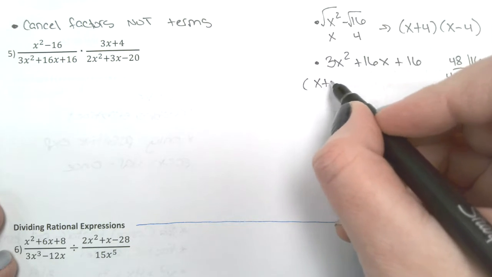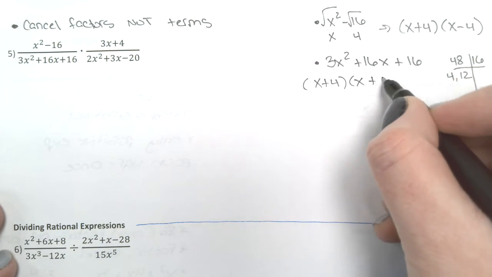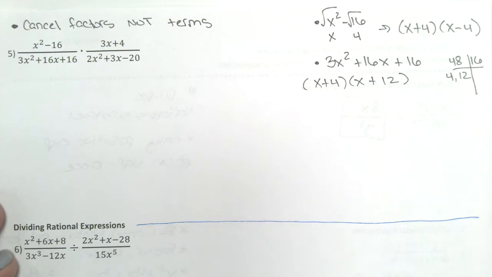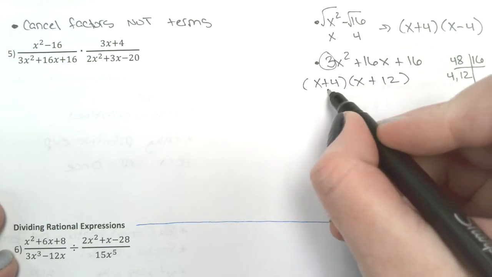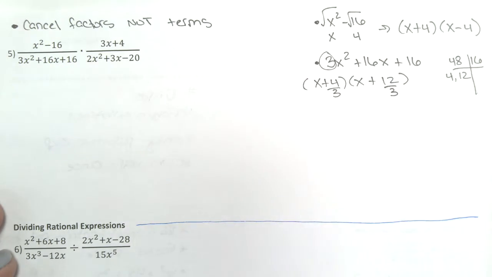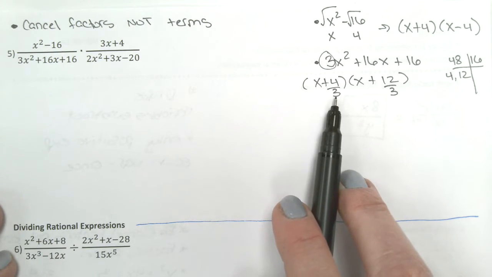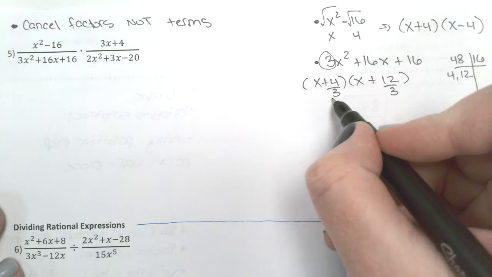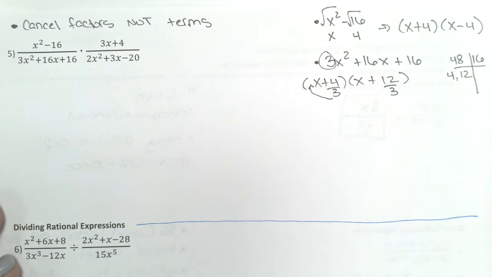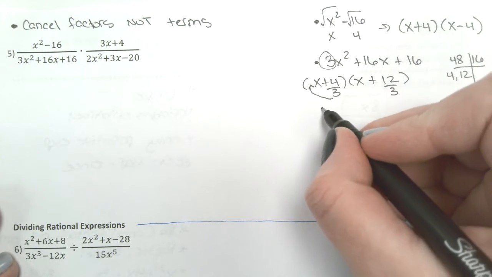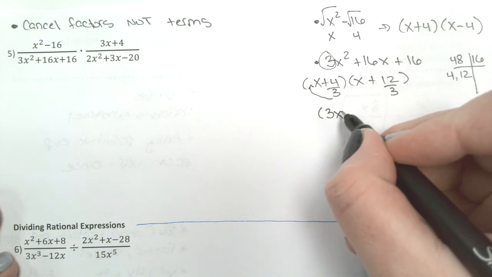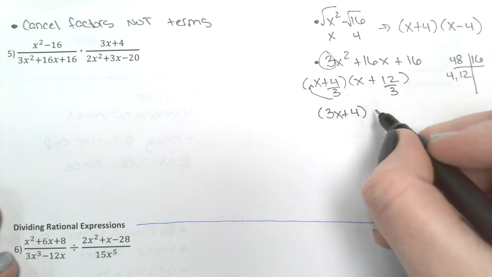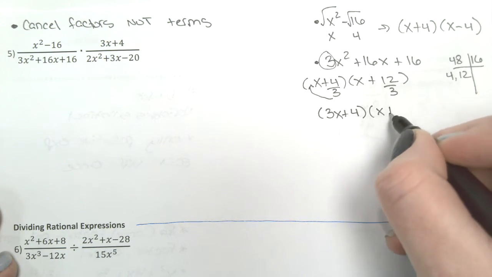So this factors as x plus 4, x plus 12. A is 3, so you need to divide both of those numbers by 3. We aren't solving, we're just factoring. So you do need to remember to move that 3 up in front of the x. So this factors as 3x plus 4, and then 12 divided by 3 is 4.